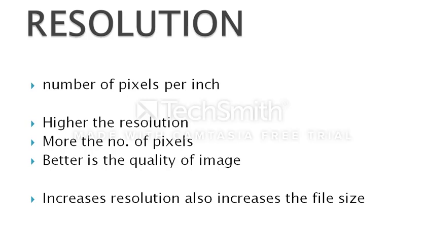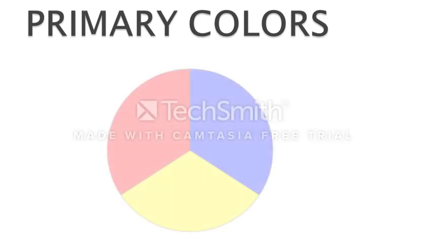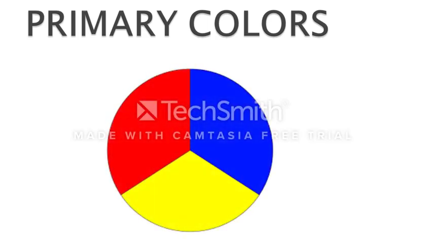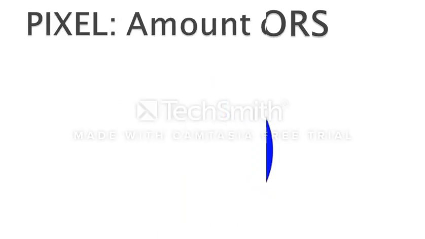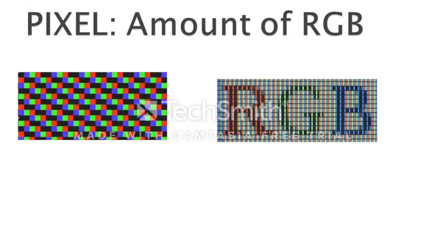For colored images, pixels are represented by primary colors that are red, green, and blue in RGB mode. Each pixel is represented by 3 values, that is, the amount of red, green, and blue. Open an image in any photo editing software and zoom it to see the pixels.